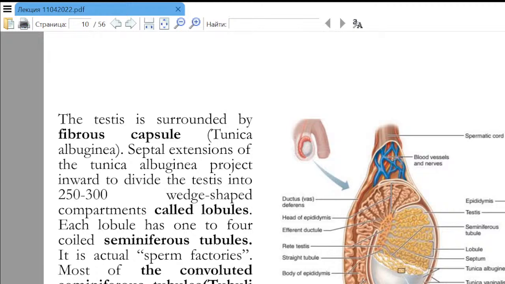The testis is surrounded by the tunica albuginea, a fibrous capsule. Septal extensions of the tunica albuginea project inward to divide the testis into 250 to 300 wedge-shaped compartments called lobules.